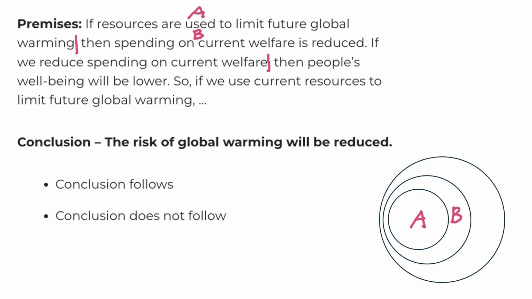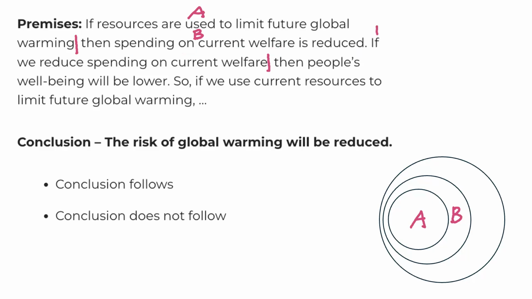So let's continue reading. The next if-then statement says, if we reduce spending on current welfare, then people's well-being will be lower. So what do we notice? Well, in this second sentence, the if statement, if we reduce spending on current welfare, is the same as B in the previous sentence. Spending on current welfare is reduced.